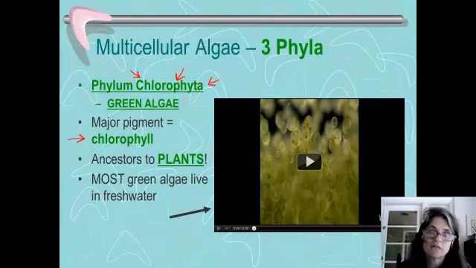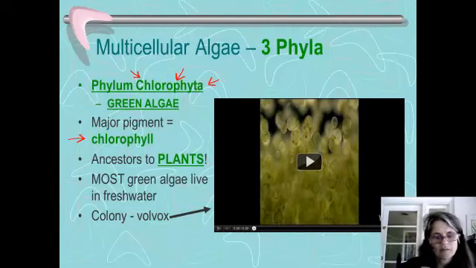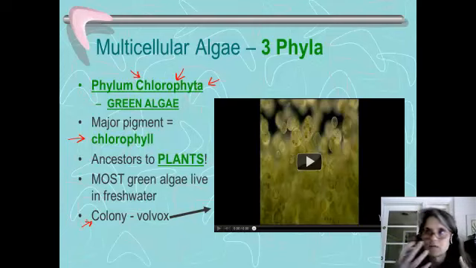Most green algae live in fresh water, though certainly we do have marine or saltwater forms as well. We are going to look at a colonial green algae called Volvox. When we say it's a colony, it is not a truly multicellular organism with true tissues and so on.